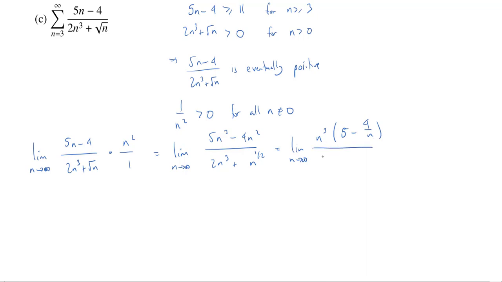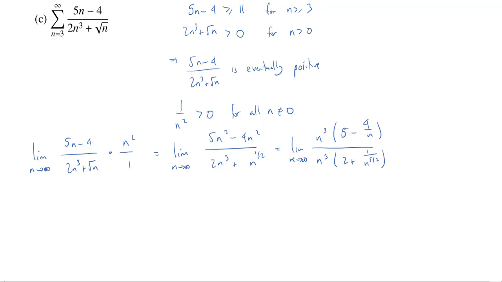And on the bottom, I have an n cubed times 2 plus, okay, let's see, a 1/2 minus 3, because I'm factoring out an n cubed, that'll be 1 over n to the 5/2 power. If I multiplied this back in, I'd have 1/2 minus 3, which would be negative 5/2.